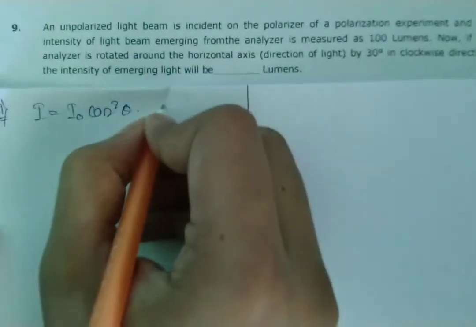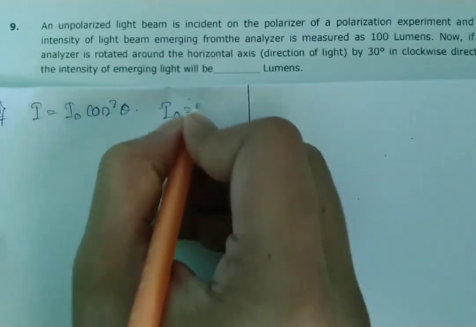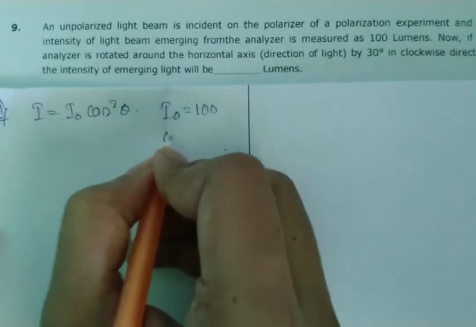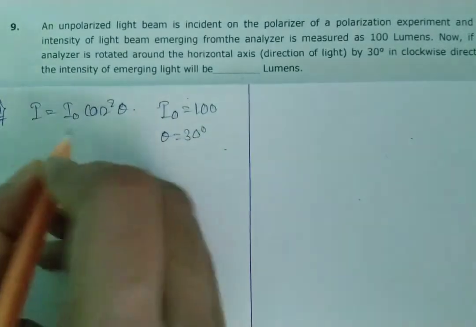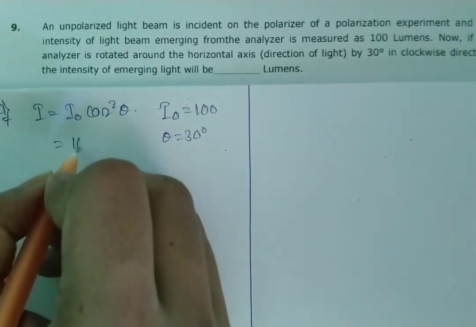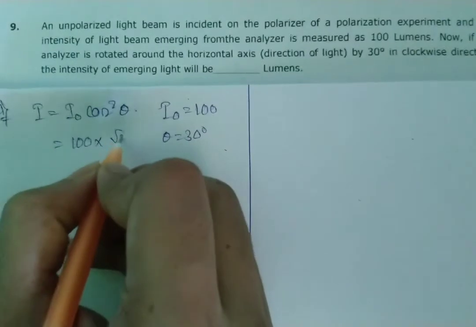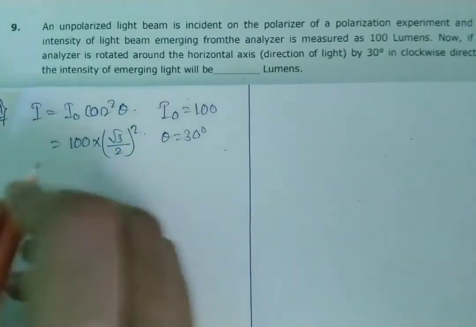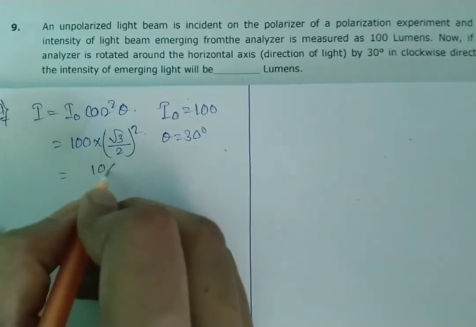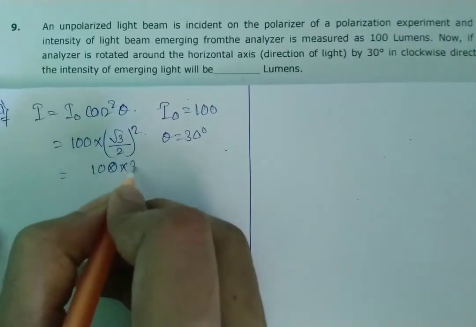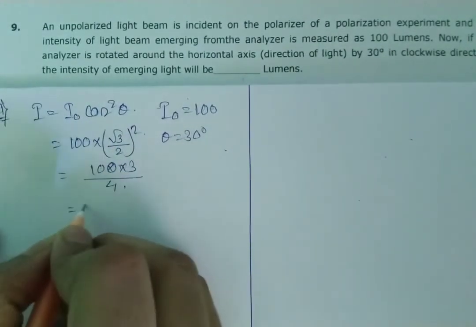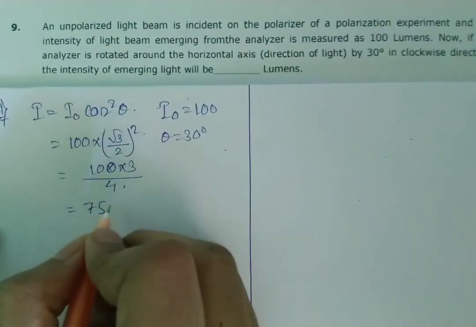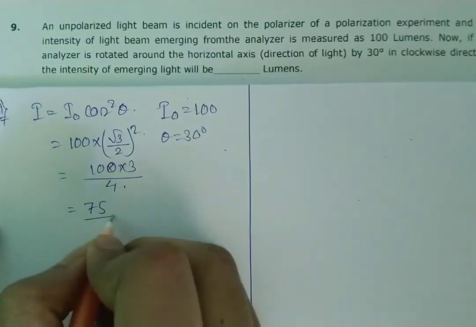In this case, I0 is equal to 100 and theta is 30 degree. So 100 into cos 30, which is root 3 by 2, whole square. So 100 into 3 by 4 will be equal to 75. So the correct answer will be 75 lumen.